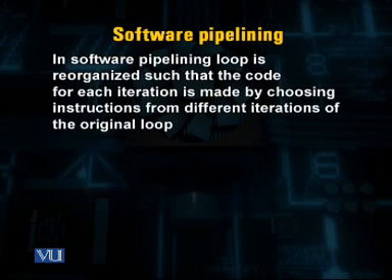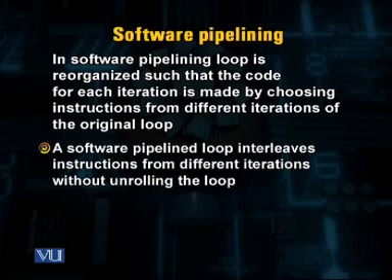Software pipelining is a technique where the loop is reorganized such that the code for each iteration is made by choosing instructions from different iterations of the original loop. A software pipelined loop interleaves instructions from different iterations without unrolling the loop.